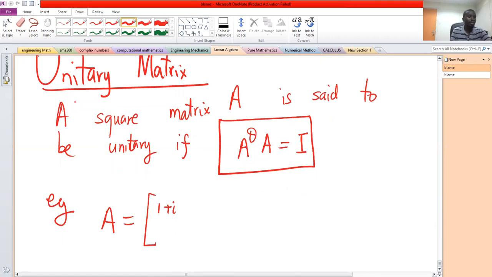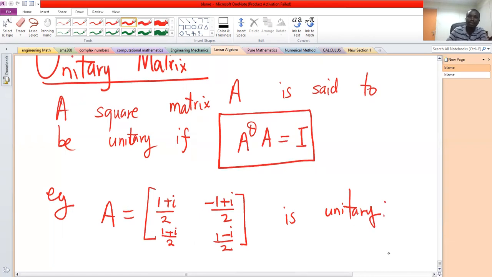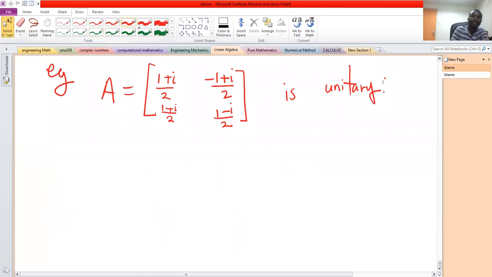The matrix A given by (1 plus i) over 2, minus (1 plus i) over 2, (1 plus i) over 2, (1 minus i) over 2 is unitary. Let's prove that this matrix is unitary. When you say unitary, it means that A power theta times A should give us an identity matrix. Proof.